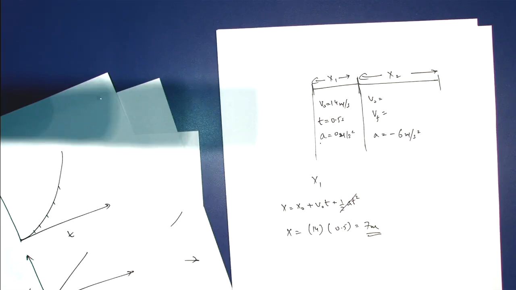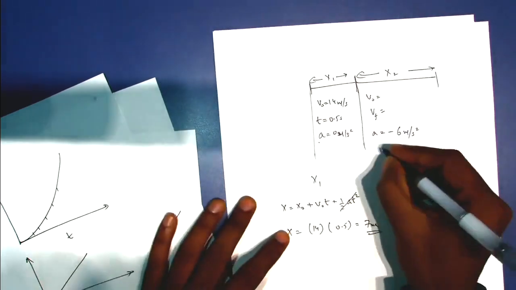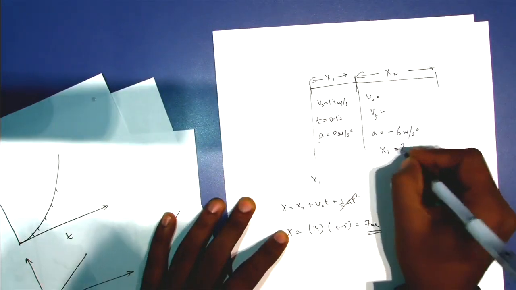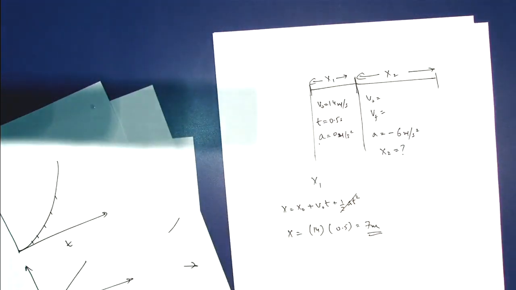Okay? Now let's look at the second chunk, where there is a constant non-zero acceleration. I'm still looking for x2. Do I know my initial velocity? Do I know the velocity the car is moving at when I hit the brakes? That's my initial velocity. Because at the start of that time period, where A is minus 6, the velocity is 14 meters per second.